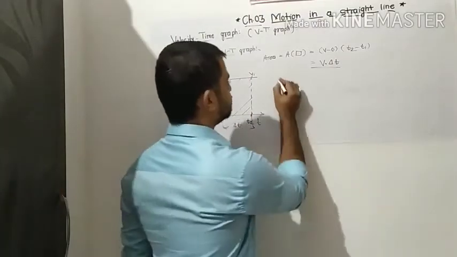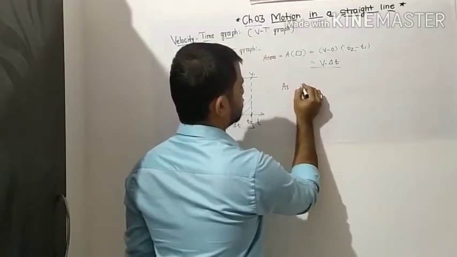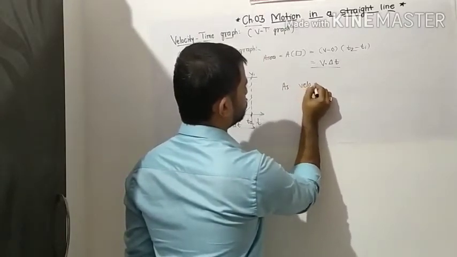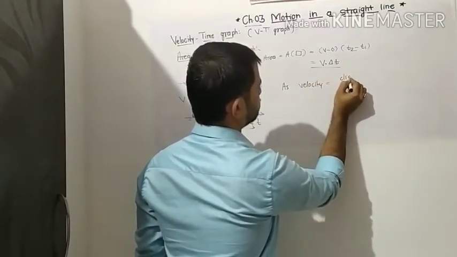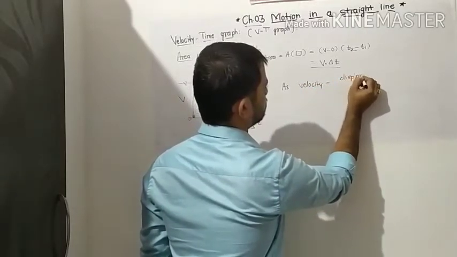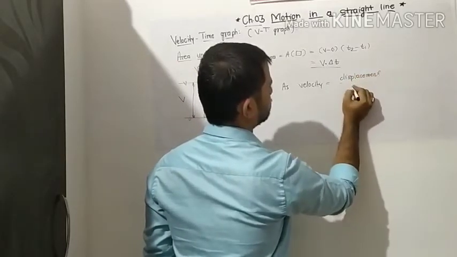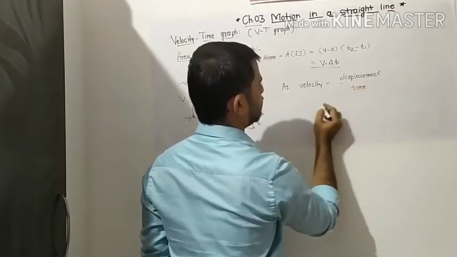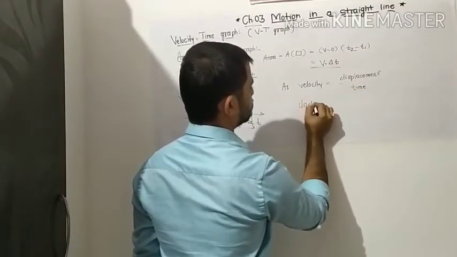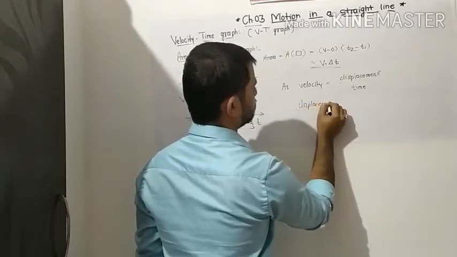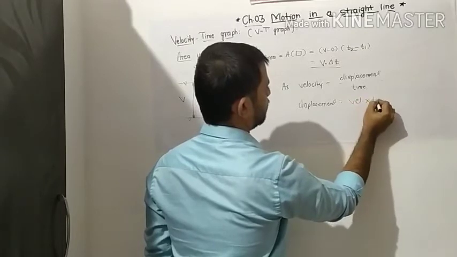Because velocity is equal to displacement upon time, here displacement is equal to velocity into time.